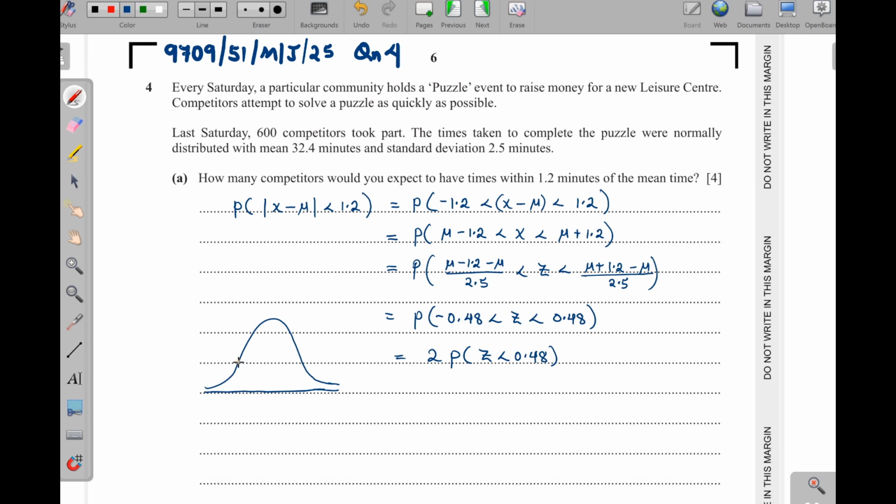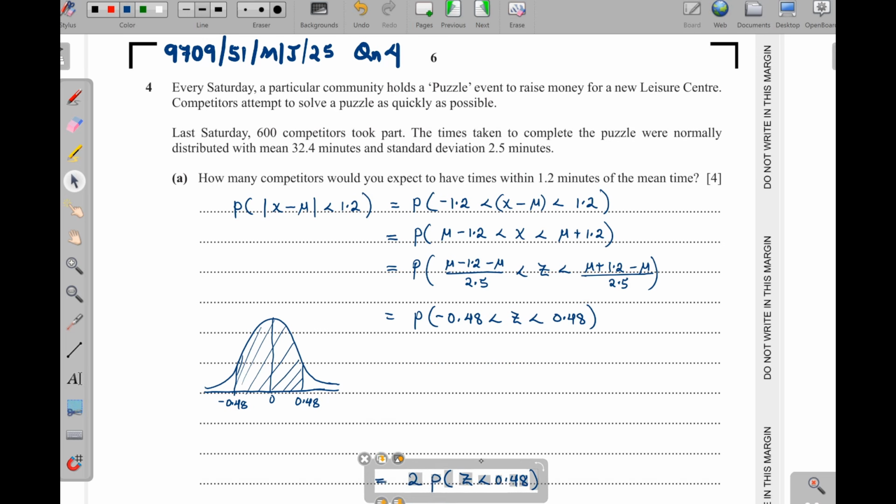This side we have negative 0.48. This side we have 0.48 positive, and then the mean is 0. So we need the probability within this region. In fact, here we have to subtract a 1, sorry.